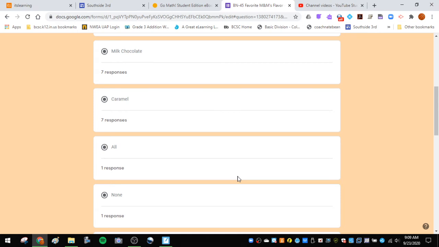Okay? And so now, what I'm going to do is get this raw data onto just a piece of scrap paper or a note card or something like that, and then we're going to get it organized into a tally mark chart or frequency table. So let's get to it. I have my post-it note here ready to go.